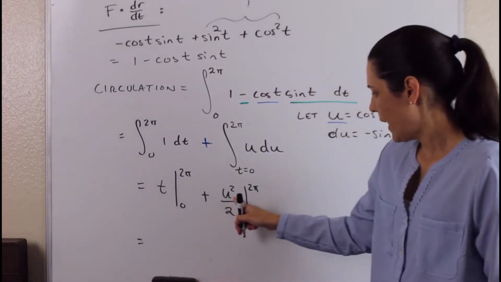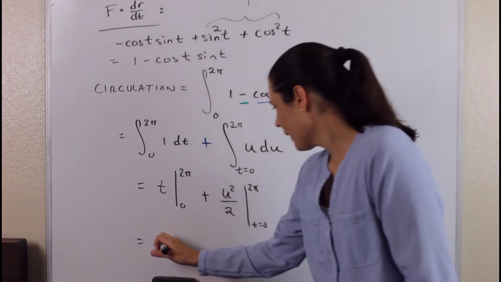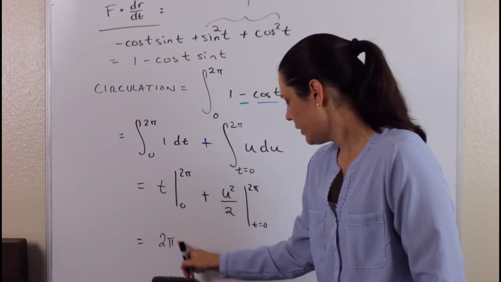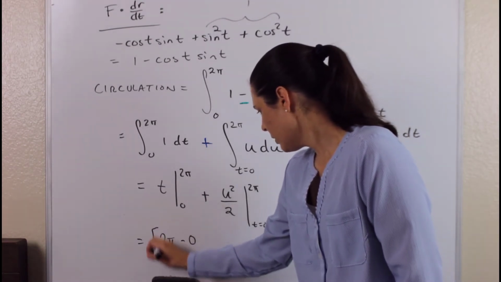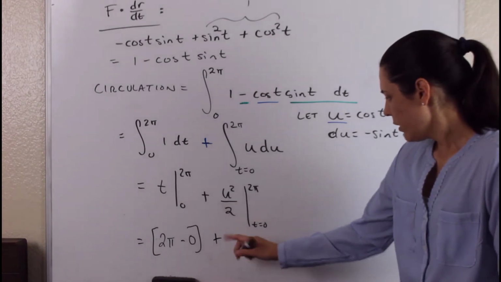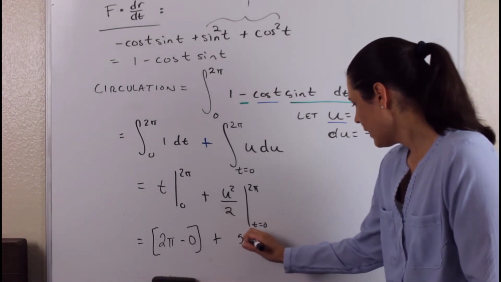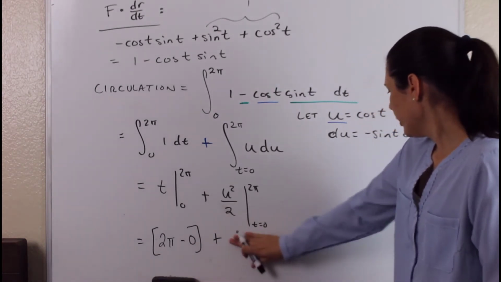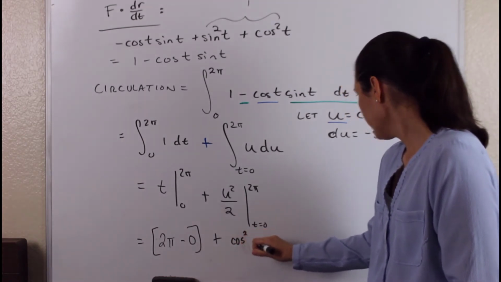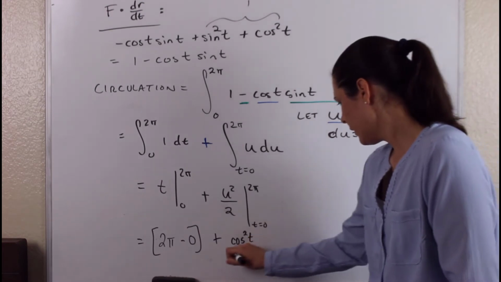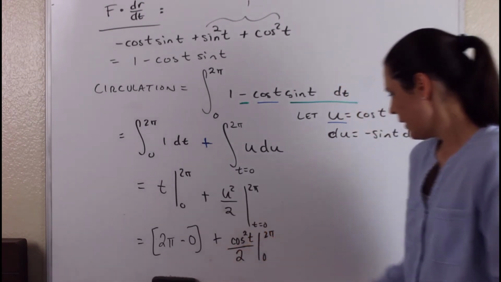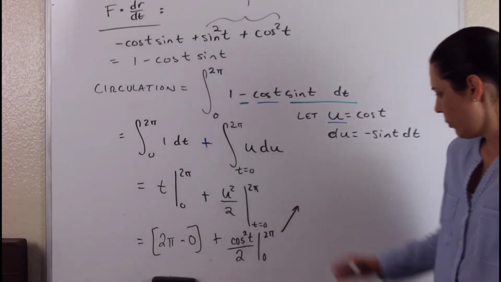So I'm going to change this back to cosine t. So my first term is 2 pi minus 0. I'll just write it in steps. 2 pi minus 0 plus this one here is going to be cosine. U is cosine, so cosine squared t over 2 evaluated from 0 to 2 pi. Okay, so this one, let's just move up a little bit.